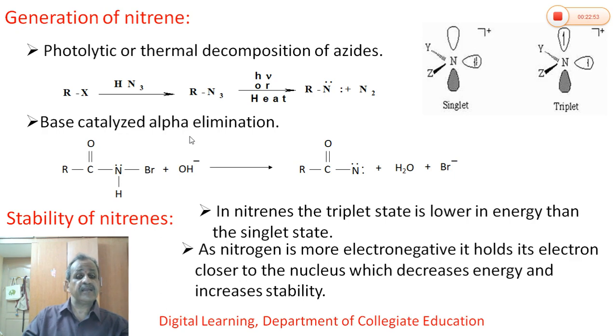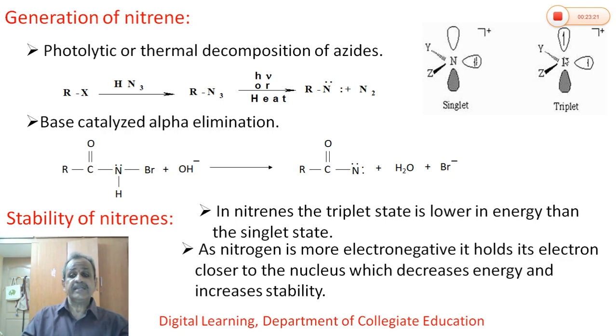Here bromine and hydrogen both are attached to the same atom, and HBr is eliminated. Therefore, this is known as alpha elimination. So here we get RCON nitrene, plus water and Br minus. So nitrene is generated as an intermediate.